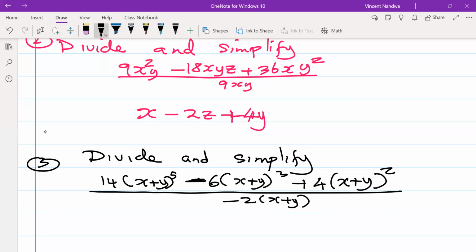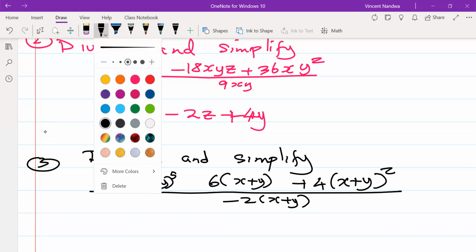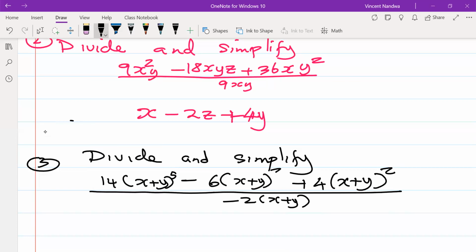But the second one is six raised to power 3. Okay, let me write it properly. So this power is 3. So it will be 3(x plus y) to the power... Is it 4?